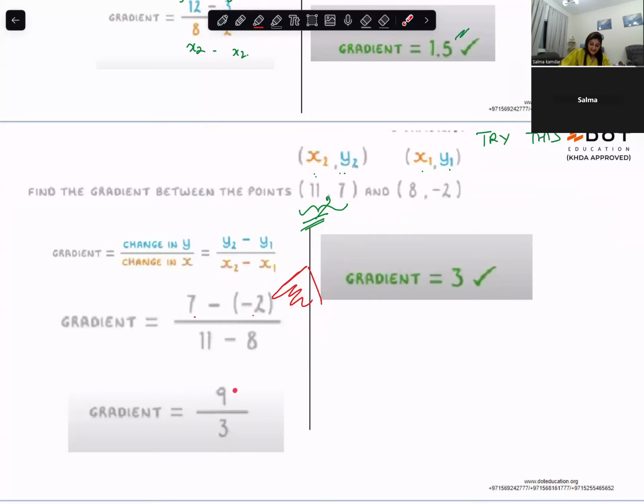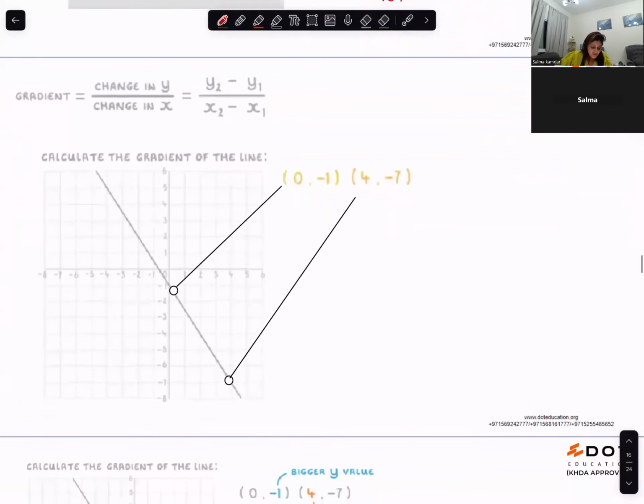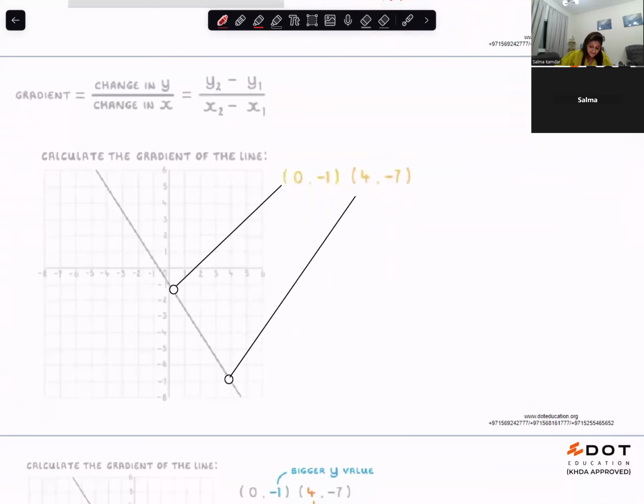So my gradient is positive 3. It means this line is going to slope upwards from left to right. This is how you find the gradient of your line. Gradient of your line is change in y over change in x.